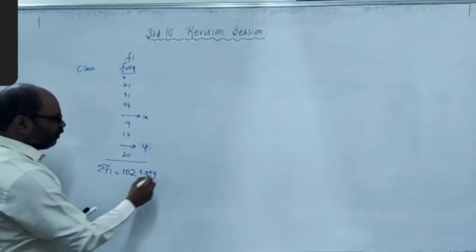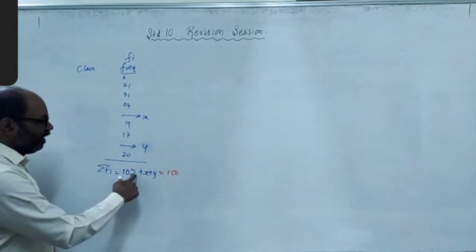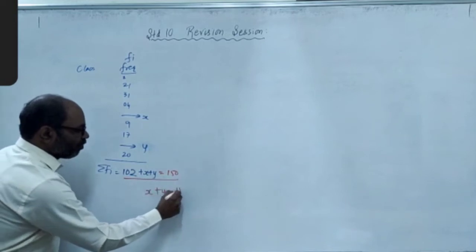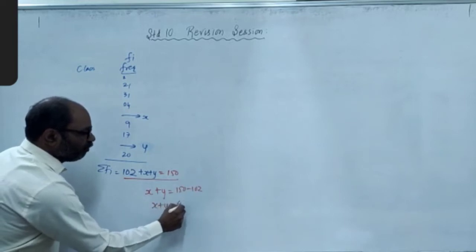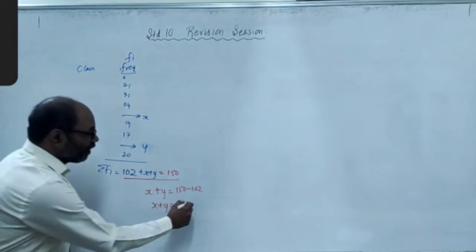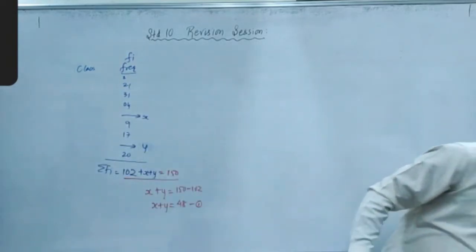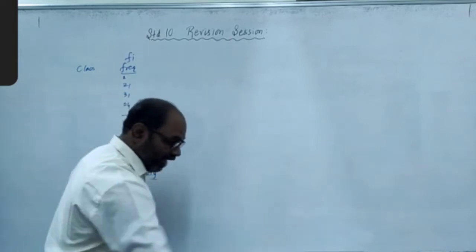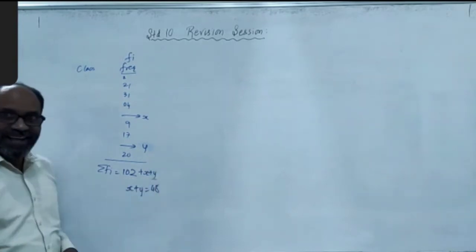Suppose it is given. As per example, the total frequency is 150. The number of observations is 150. Then this equation will lead to X plus Y is equal to 150 minus 102, so X plus Y is equal to 48. That's how you get one equation. But instead of giving the total frequency, which is 150, suppose the total frequency is not given, and instead you are given X plus Y is equal to 48.